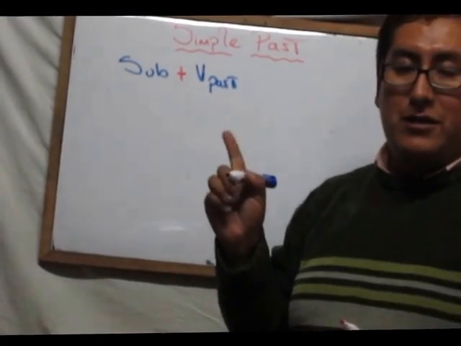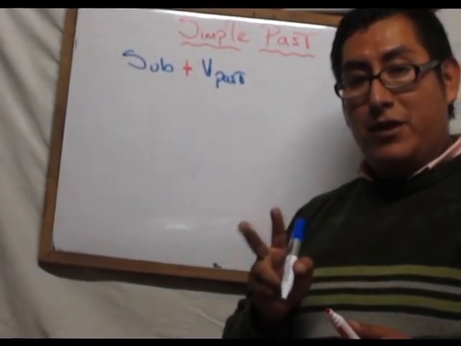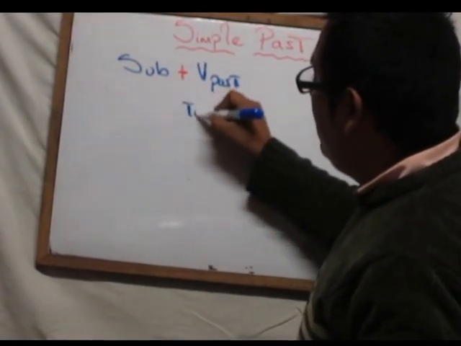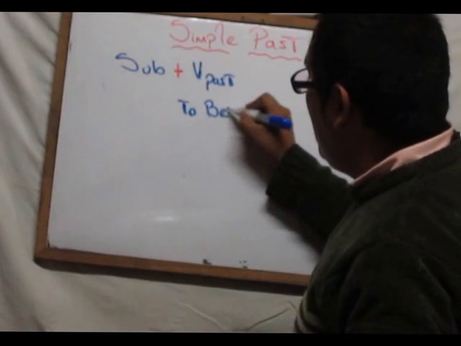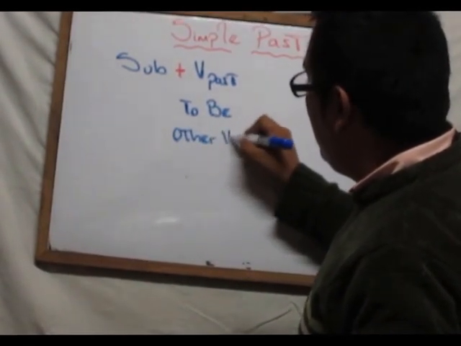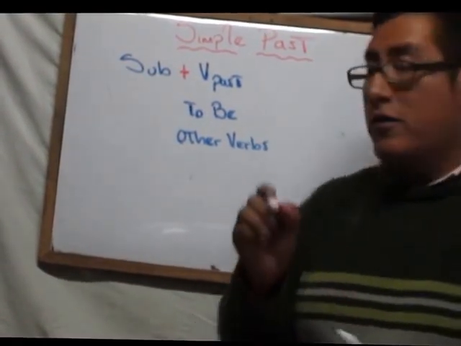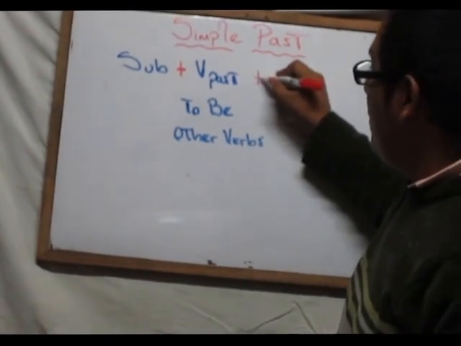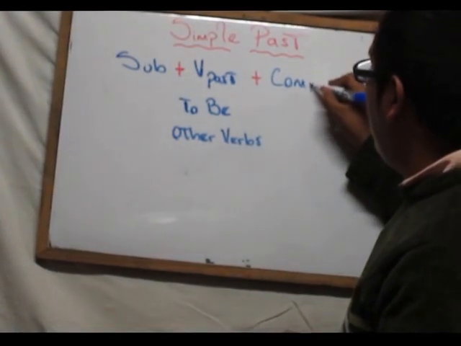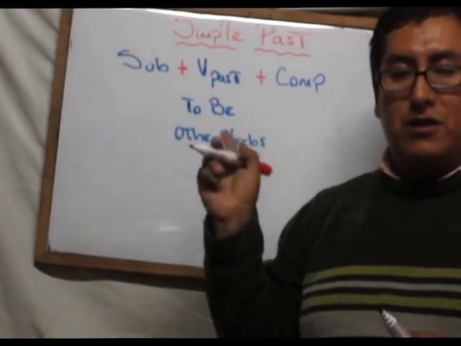In these sentences you use two forms: the verb to be and other verbs. And what more? You need to use a complement. And this is the structure of the simple past.